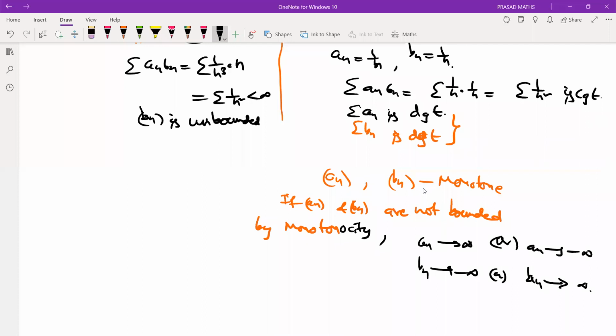We have seen these ideas. So in this case a_n into b_n diverges to minus infinity, in this case a_n into b_n diverges to plus infinity.